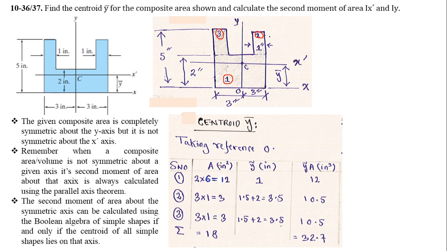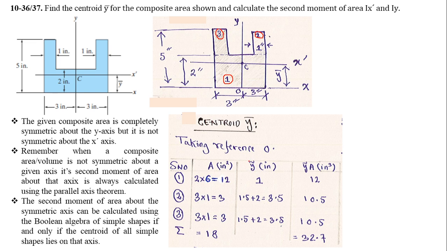The first column will be the area column. You have to calculate the areas of all these simple shapes. So the area of shape number 1, which is a rectangle, is 2 by 6, so it is 12 inches square. And the areas of shape number 2 and 3 will be 3 into 1, so 3 inches square and 3 inches square.